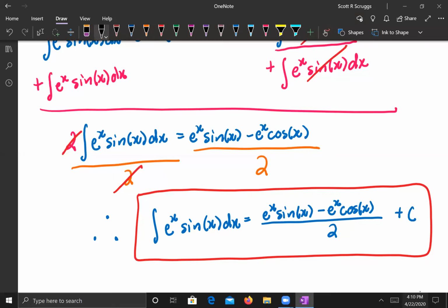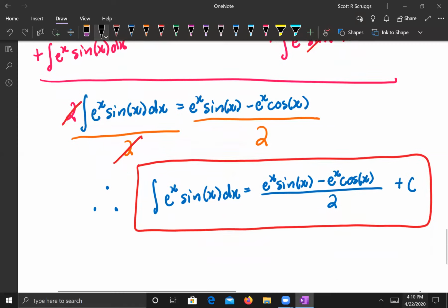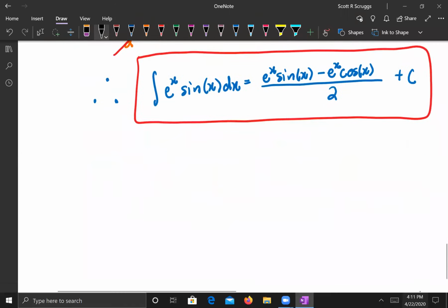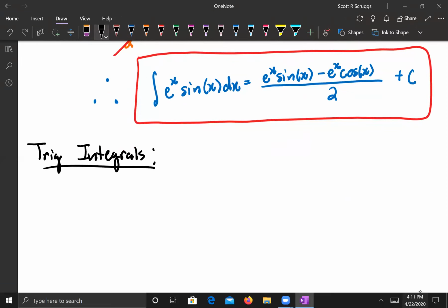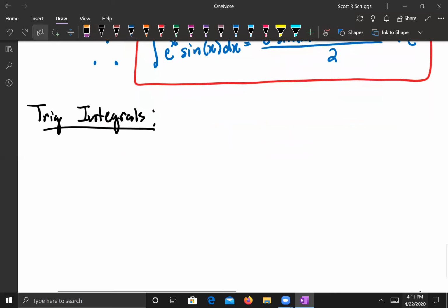All right, time for the next integration technique, and that is trig integrals. And so we mainly talk about two types, so I'm going to mention both of them.